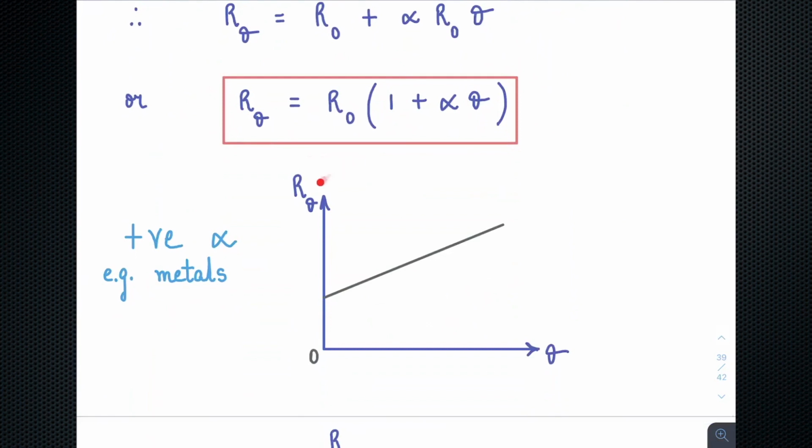And here I'm showing a graph of how resistance varies with temperature for a material having a positive temperature coefficient of resistance. For instance, metals. And this means that the resistance of metals increases with temperature. The increase is linear because, as we will see later, we can arrange the equation in the form y equals mx plus c.